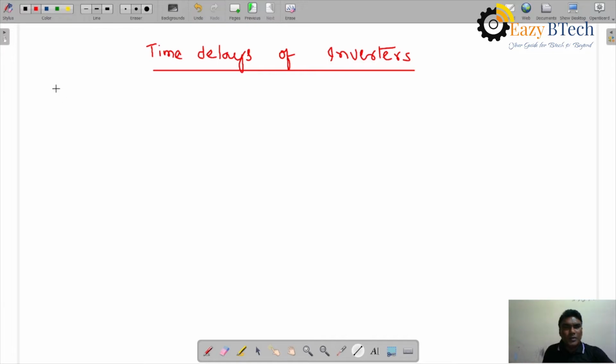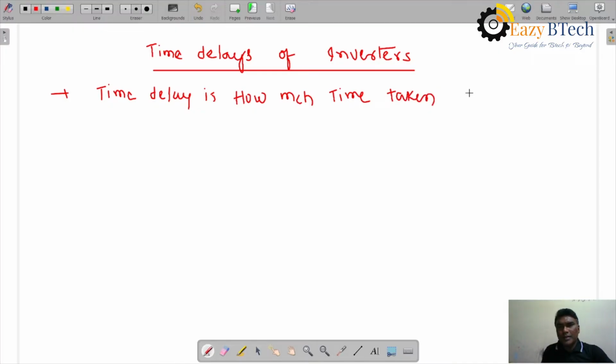Time delay is nothing but how much time is taken by the output of the inverter when input is applied.